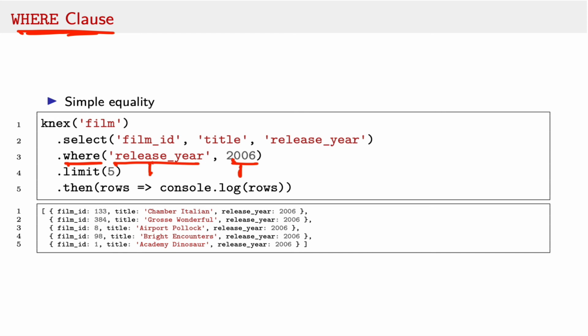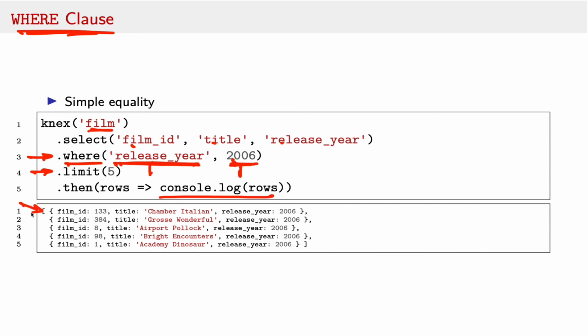So this query is going to look for film ID, title, and release year in the film table, but it's going to add this additional constraint that it's only going to give us back values in that result set where the release year is equal to 2006. Again, I've got a little limit clause in here to shorten down the list of rows in the result set. And as in the previous example, I'm just console logging those rows directly so you can see the underlying structure.